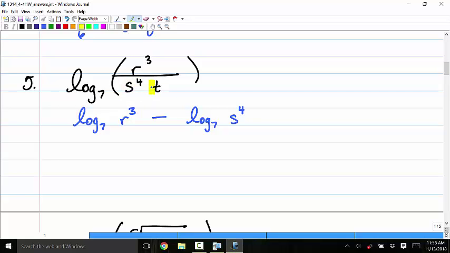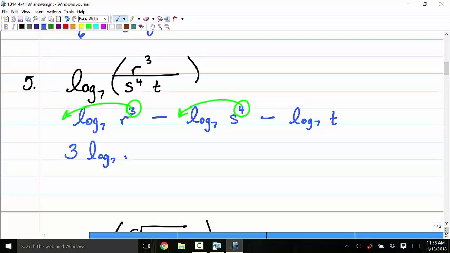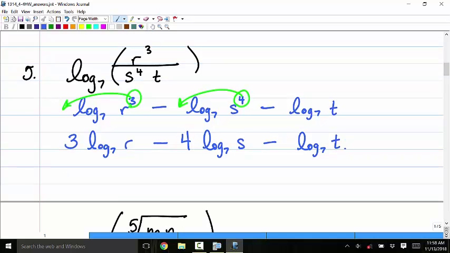Since this was in the denominator, minus log base 7 of t. One more step to get these exponents down front. My answer would be 3 log base 7 of r minus 4 log base 7 of s minus log base 7 of t.